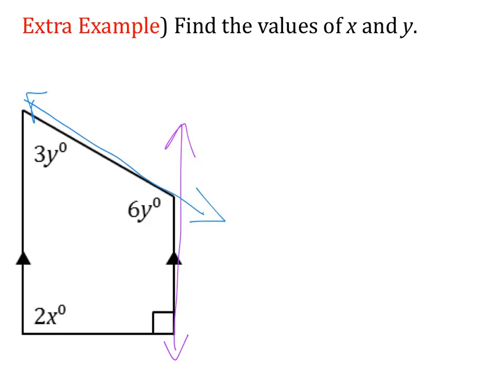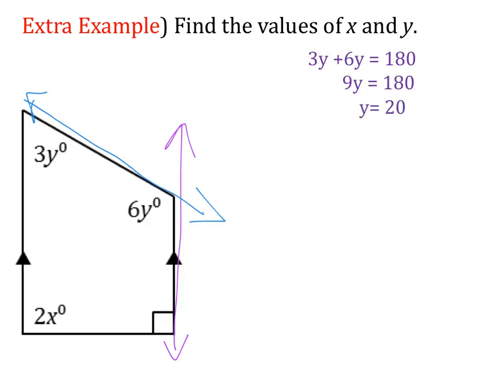So that makes angle 6y and 3y consecutive interior angles. And we know that consecutive interior angles are supplementary. So that allows us to say 3y plus 6y equals 180 degrees. So combine like terms, so 3y plus 6y equals 9y equals 180.